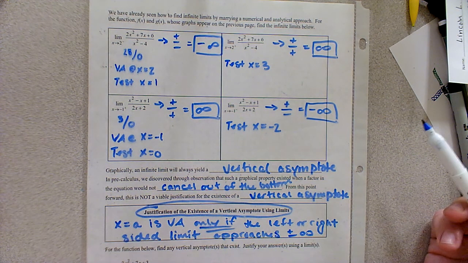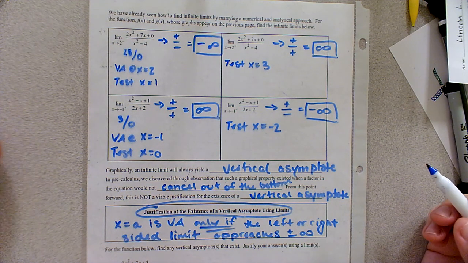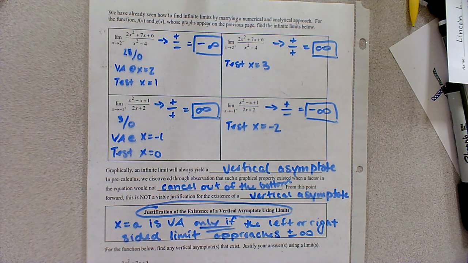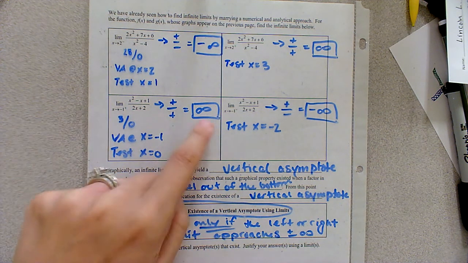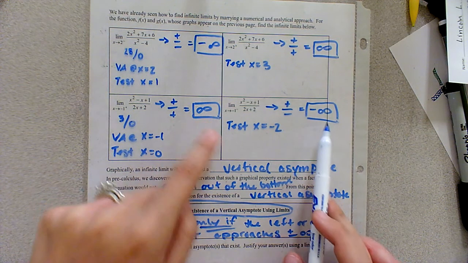So we can no longer say that there's a vertical asymptote because this factor did not cancel out at the bottom. That's a good way to check it, but from now on, when you justify the location of a vertical asymptote, you must write some limit statement. The limit statement must show how you approach a specific number from the left or the right, and you get out either positive or negative infinity.